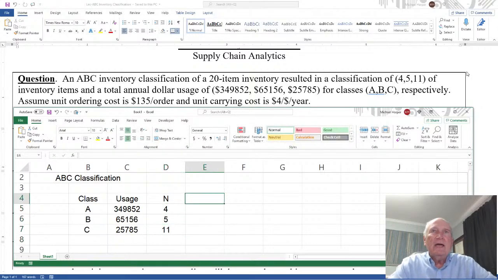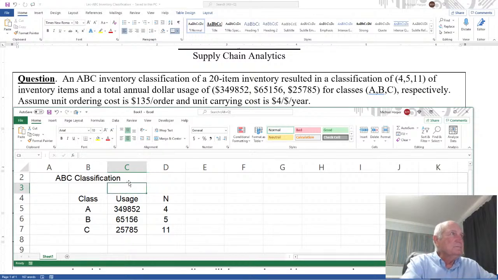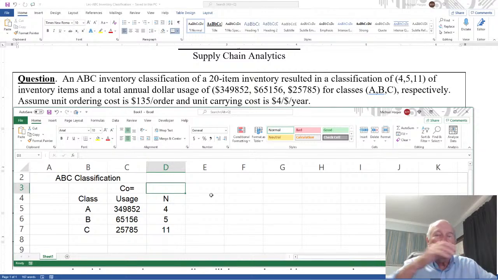Okay. Now up here, the unit cost. Let's put this up here. C sub O is 1.35.